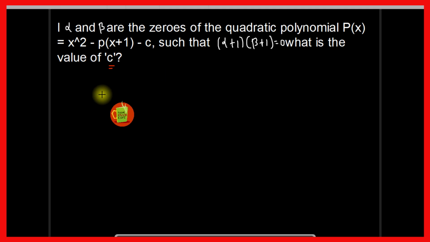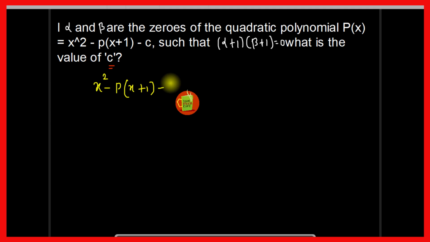Friends, here the given polynomial is x square minus p into bracket x plus 1 minus c. Multiply by p inside the bracket and write this quadratic polynomial in standard form. So it will be x square minus px minus p minus c.